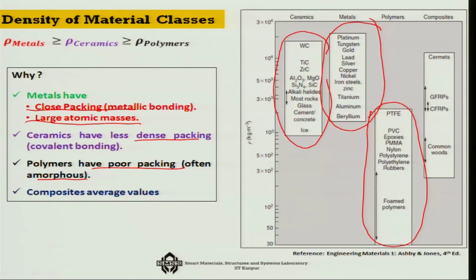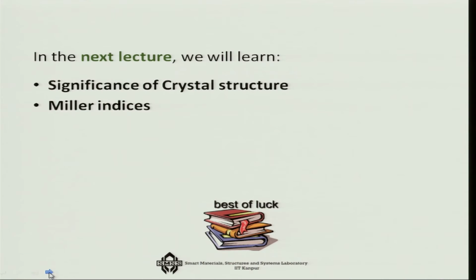And composites, since they are a mix of these things, are somewhere in the middle, because they may have some ceramics and some polymers. So, you will see a kind of average property in the composites. That is how, from the crystal structure, you can actually predict the density of the system.